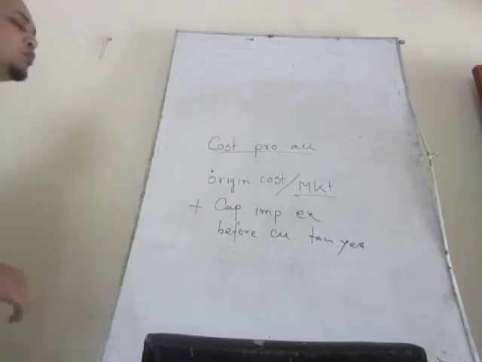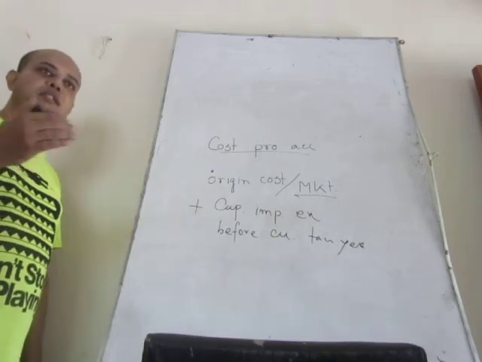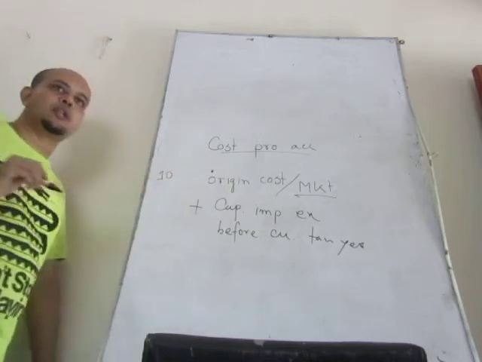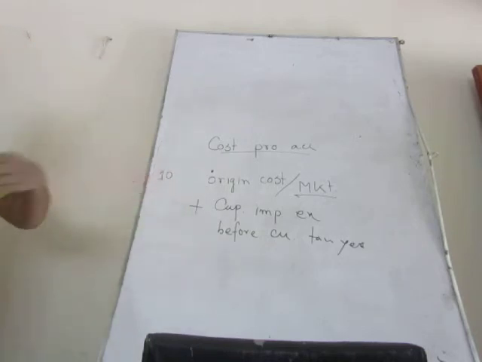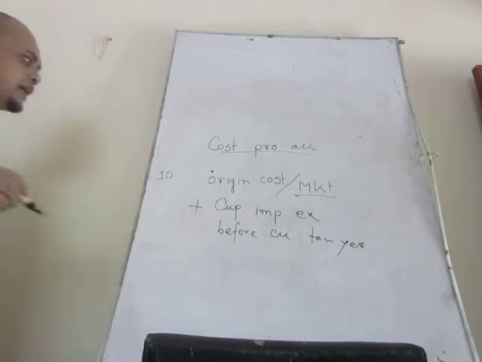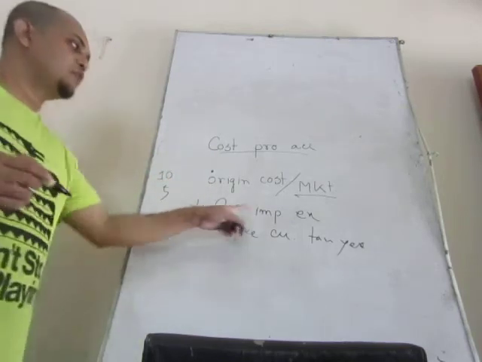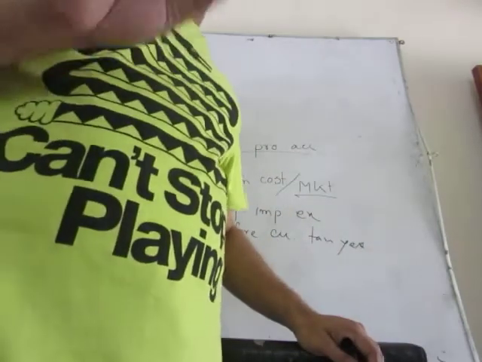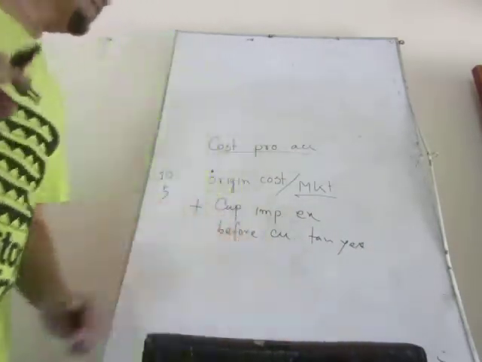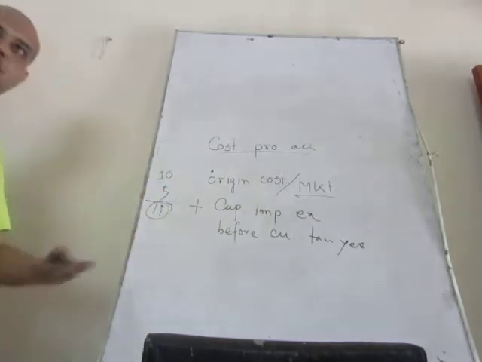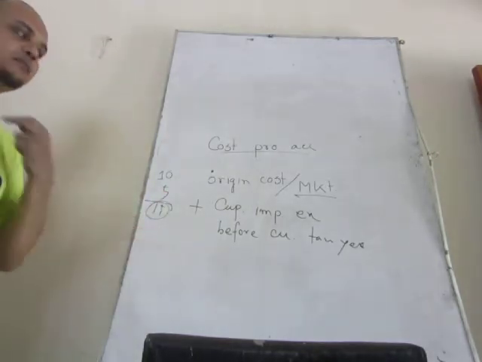Suppose you bought the asset within 6 years, and the original cost is, for example, $10. Within these 6 years you have spent $5 as capital improvement expenditure up to the current tax year. In that case, the total cost of providing is 15.